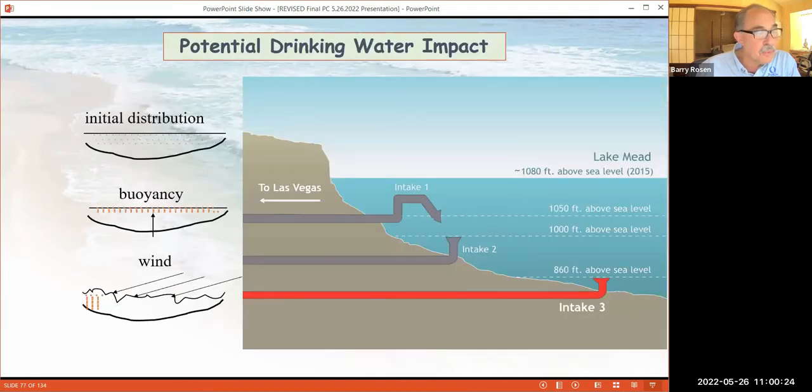So why is this important? So if you look at water bodies that are used for drinking water, if you have the option to take water for drinking from a different place, that's great. But the cyanobacteria, what they'll do is that initial distribution might be even throughout the lake. Buoyancy causes them, like I just showed you, to come up to the top. And then wind, they're so easily moved by the wind.